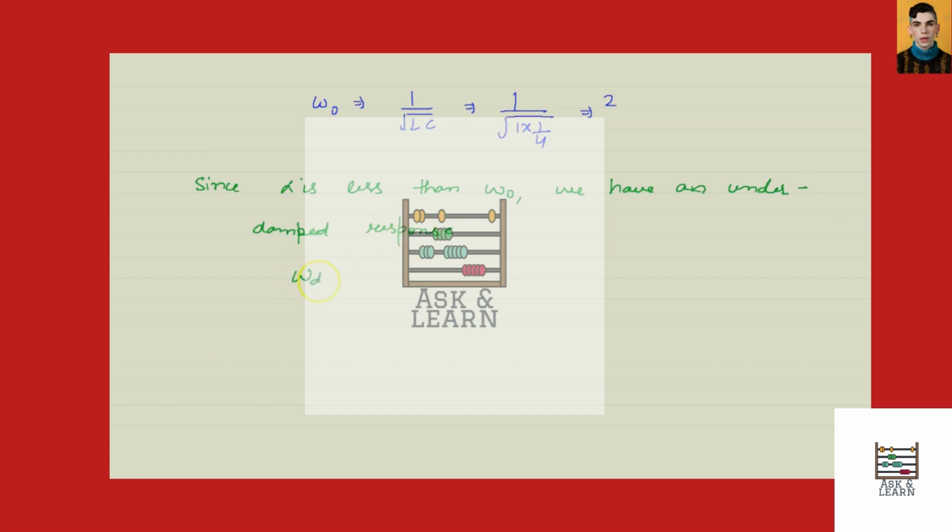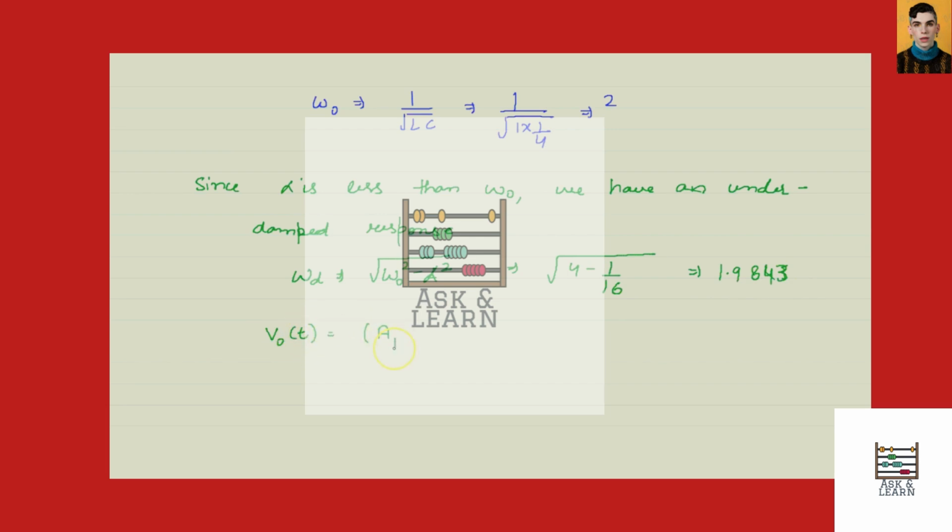So here we get the value of omega d equals the square root of omega naught squared minus alpha squared. From this we get the square root of 4 minus 1 by 16, which is 1.9843.